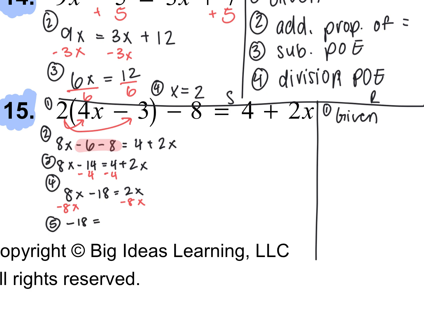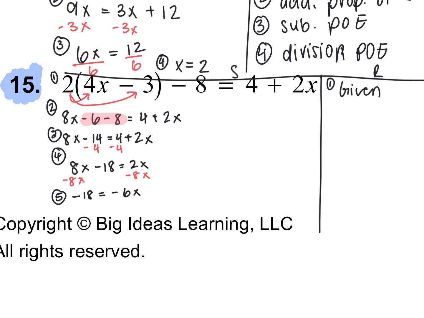Negative 18 equals negative 6x. Divide both sides by negative 6. I'm going to get 3 equals x, but now I'm going to change it to x equals 3.